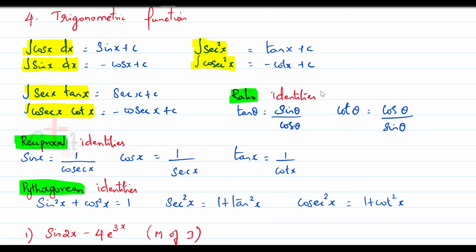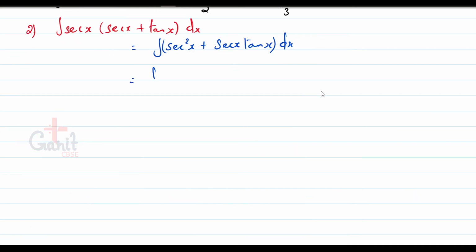We'll go through the formula again. Integration of secant square x is equal to tan x plus c. And the next formula is integration of secant x tan x is equal to secant x plus c. So integration of secant square x plus integration of secant x tan x dx.